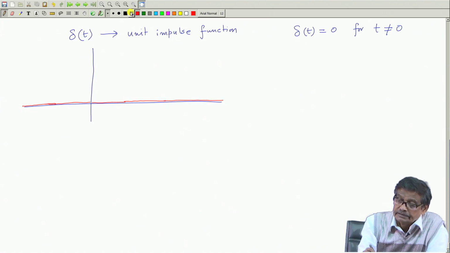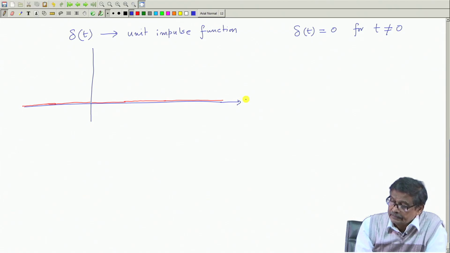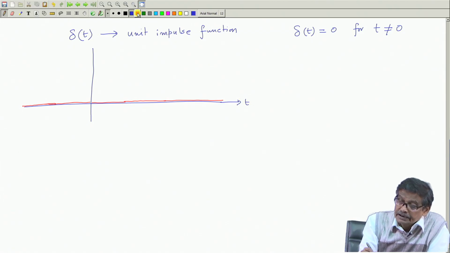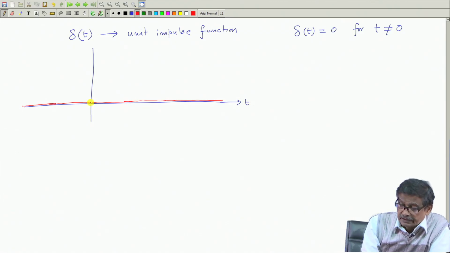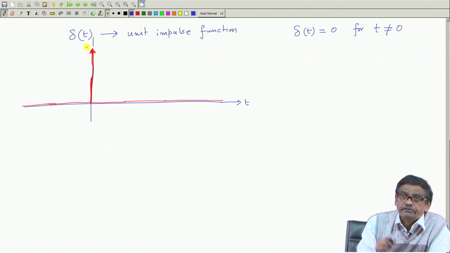This axis is the time axis, but at t equal to 0 something happens. I will show the value of the function by a line and an arrow, because we cannot show infinity in any scale. This arrow indicates that the amplitude of the function is infinitely large.